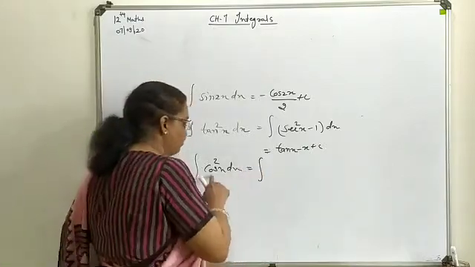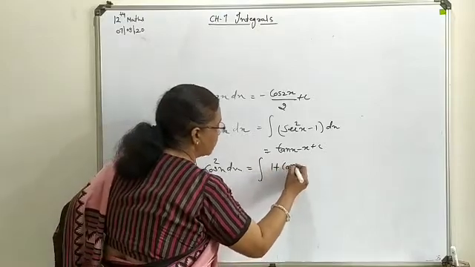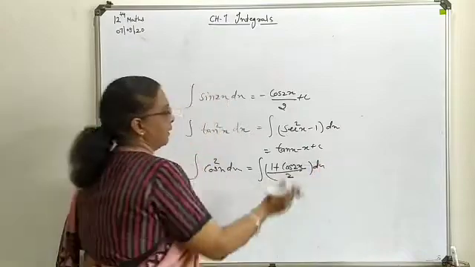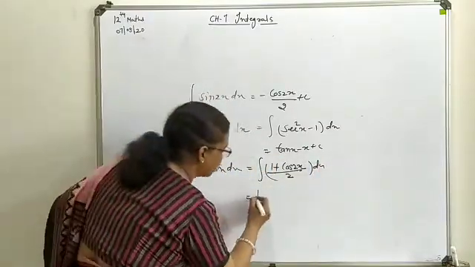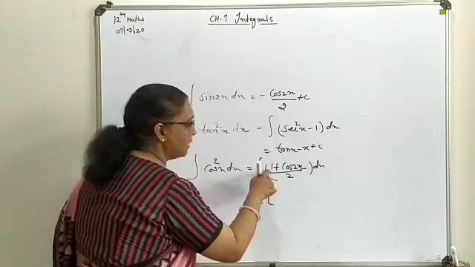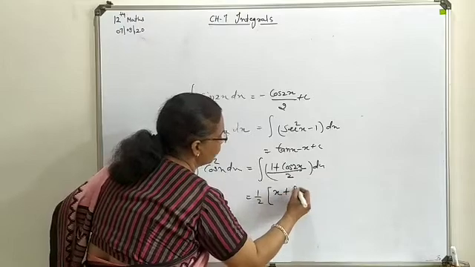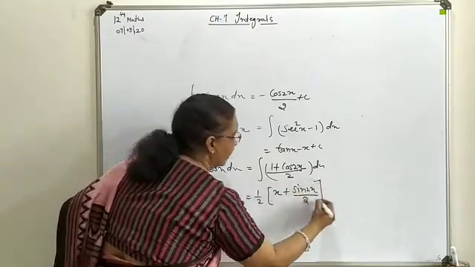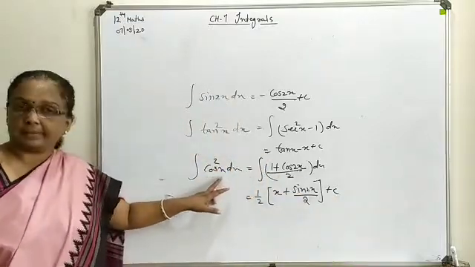I mean to say that cos square x we will write as (1 plus cos 2x) whole by 2 dx, and now this is available for integration. Keeping this 1 by 2 outside, integration of 1 is x, integration of cos 2x is sin 2x divided by 2. So this is the integration of cos square x.